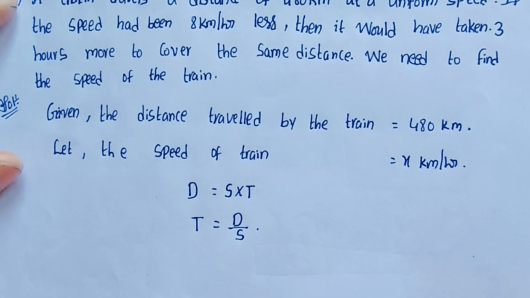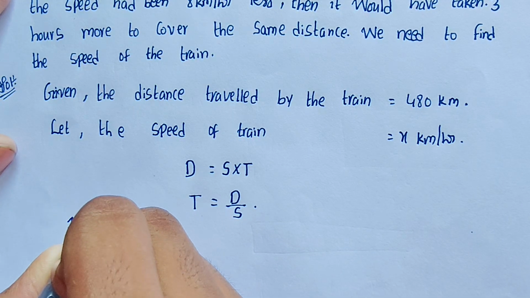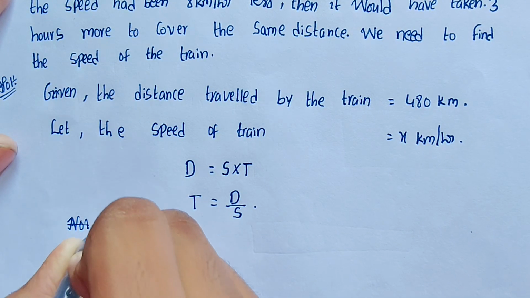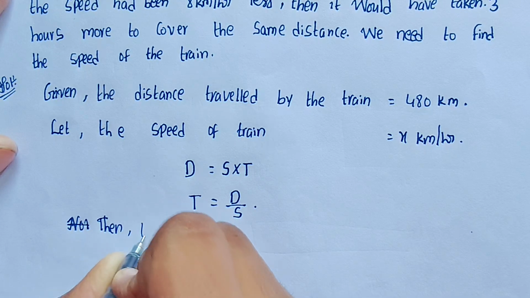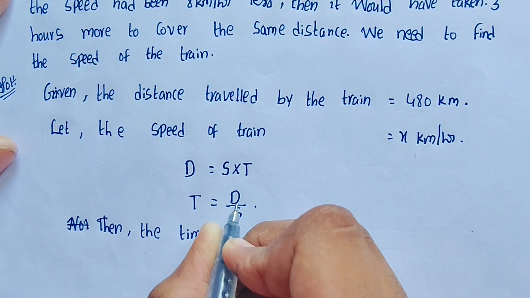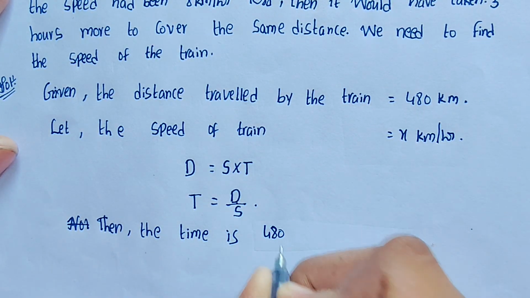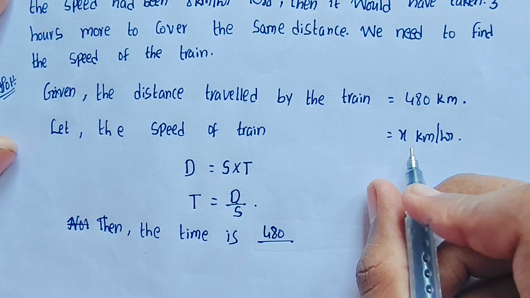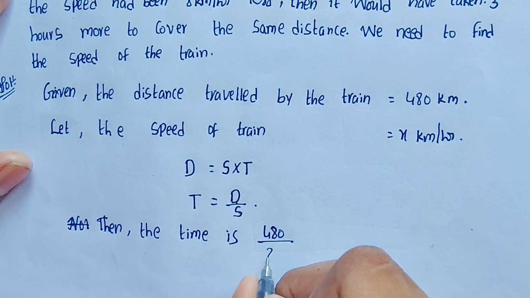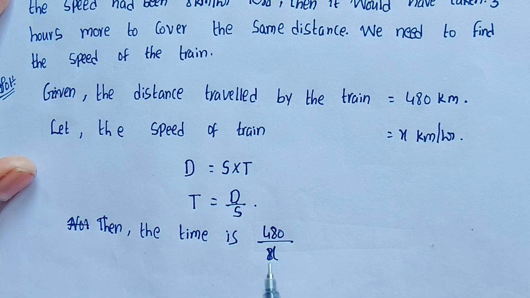Now the time is, what is the distance? 480 kilometer, by what is the speed? We took that as x. So the time is 480 by x.